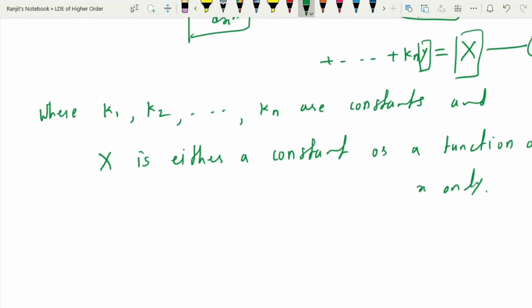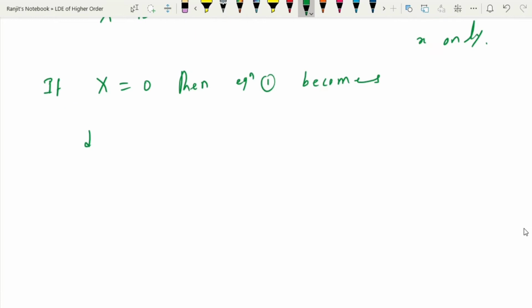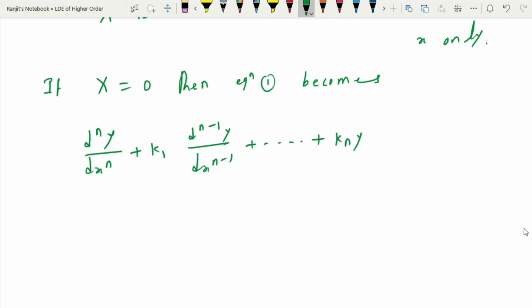Now if this capital X is 0, then equation 1 becomes d^n y over dx^n plus k1 d^(n-1) y over dx^(n-1) plus ... plus kn times y is equal to 0.